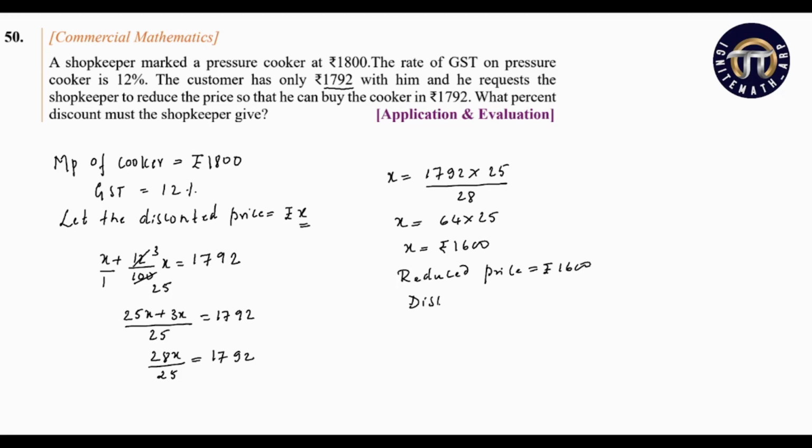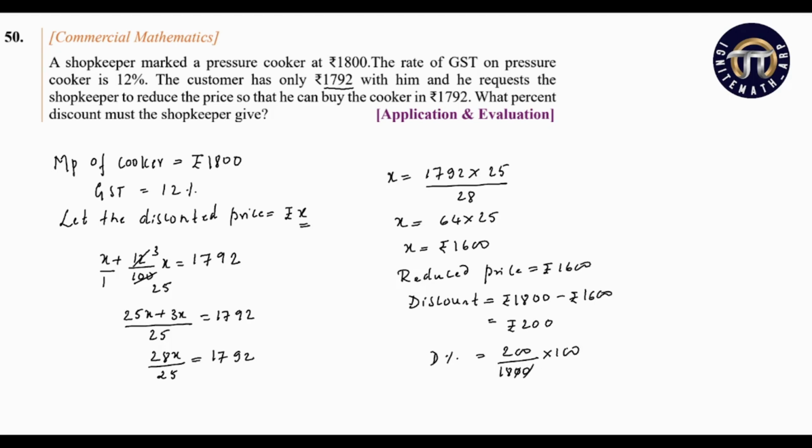So what is the discount then? Earlier it was 1800, now it has been given for 1600. So the discount given by the shopkeeper to the customer is rupees 200. So now we are supposed to find the rate of discount, which is equal to discount divided by mark price, that is 200 by 1800 into 100.